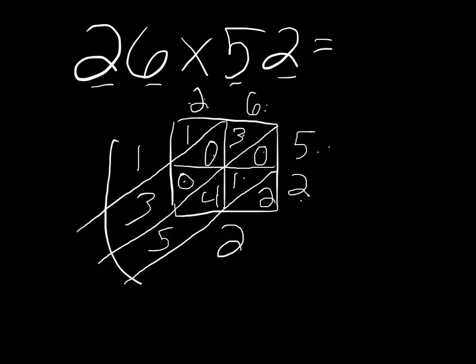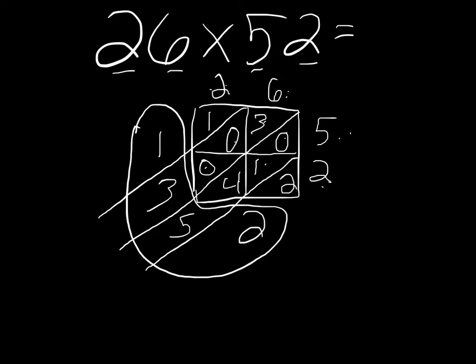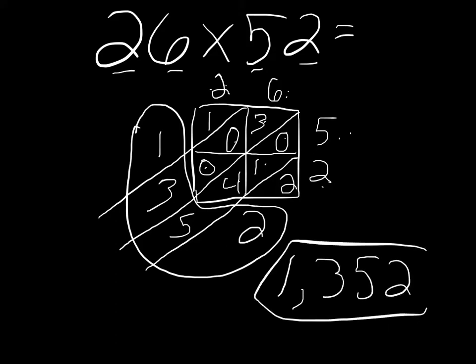Now we have our final answer, these 4 numbers that we got by adding the partial products. If we write that in standard notation, we end up with 1,352. Hopefully this process seems really familiar because you practiced this a lot in 4th grade.